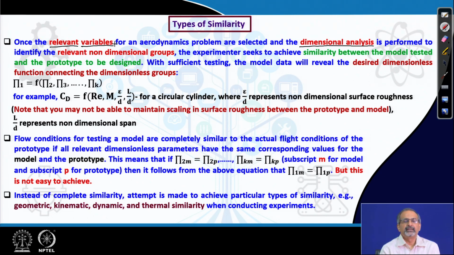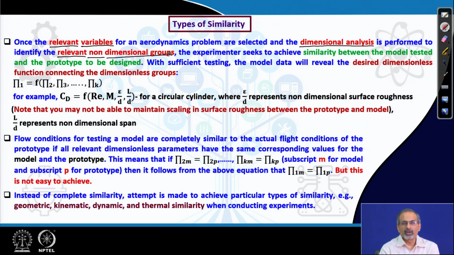We remember having discussed different relevant variables for an aerodynamics problem, which had to be selected initially to perform the dimensional analysis. And once we performed the dimensional analysis, we ended up having relevant non-dimensional groups and functional relationships between them.